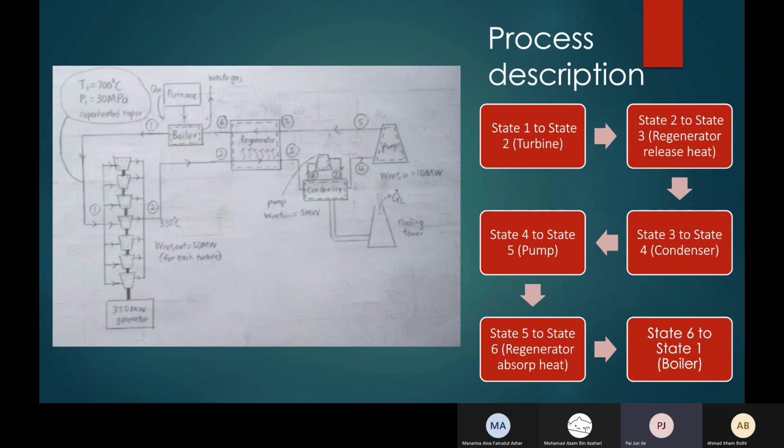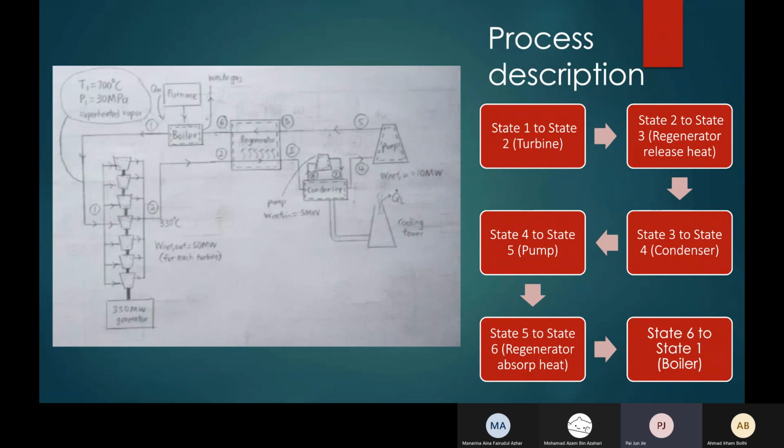Then the water flows from state 3 to state 4 to the condenser, where it interchanges the heat with the R134A. From state 4 to state 5, the water passes through the pump, where the pump generates work for the continuous water cycle.